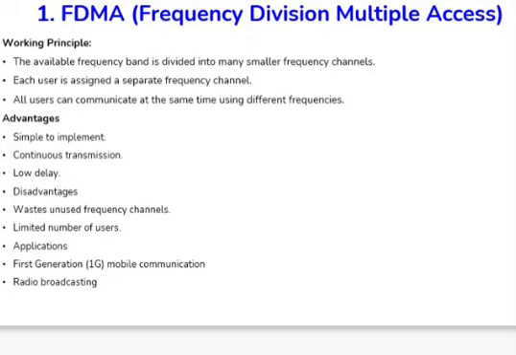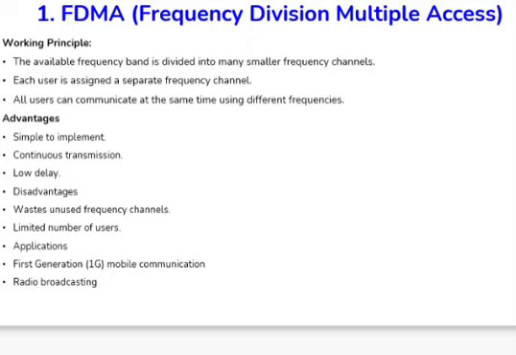User B always uses the second frequency channel. User C always uses the third frequency channel. User D always uses the fourth frequency channel. So all users communicate simultaneously using different frequencies.